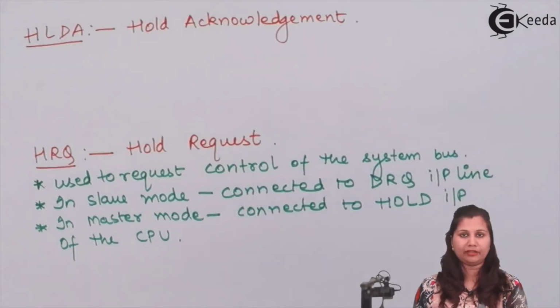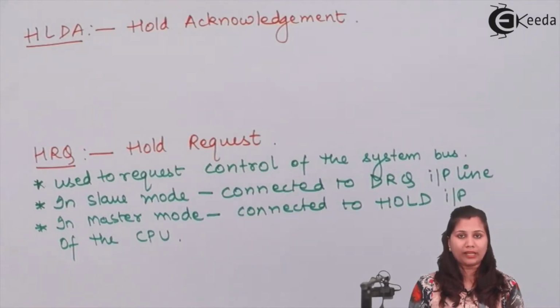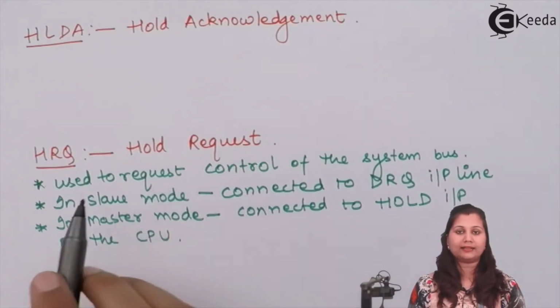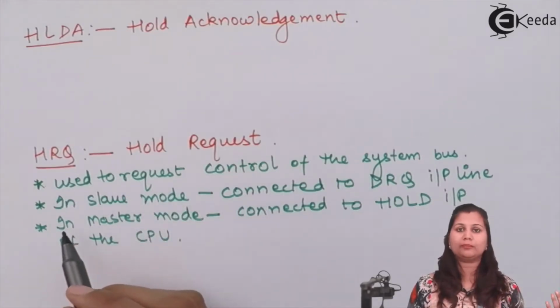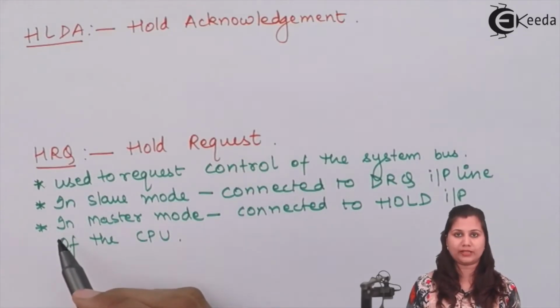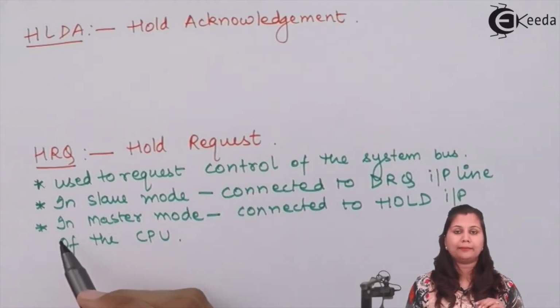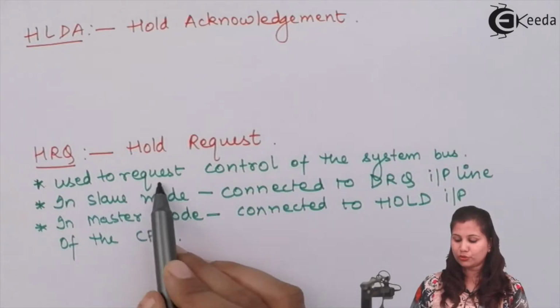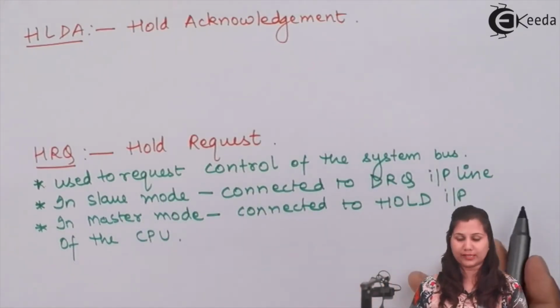This is the hold request that the DMA sends to the CPU: hold your buses, tri-state the buses so that I can use them for the data transfer. So it is used to request the control of the system bus.